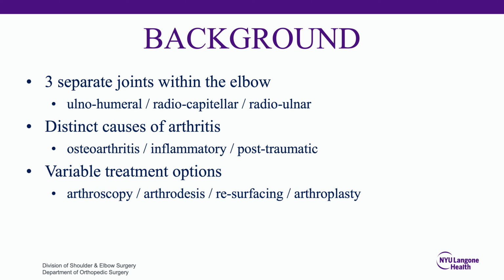Distinct causes of arthritis include osteoarthritis, which is increasing, mainly because I think there's more people that are working out and using the arm for heavy lifting. Inflammatory arthritis rates have been going down, mainly because of the disease-modifying drugs that are available for patients with rheumatoid arthritis. Post-traumatic arthritis is probably staying around the same. Various treatment options that we're going to discuss in this presentation will be arthroscopy, arthrodesis, resurfacing, and arthroplasty.